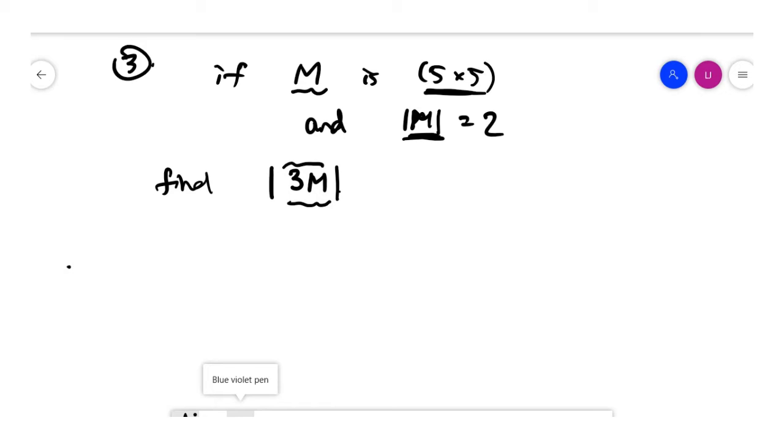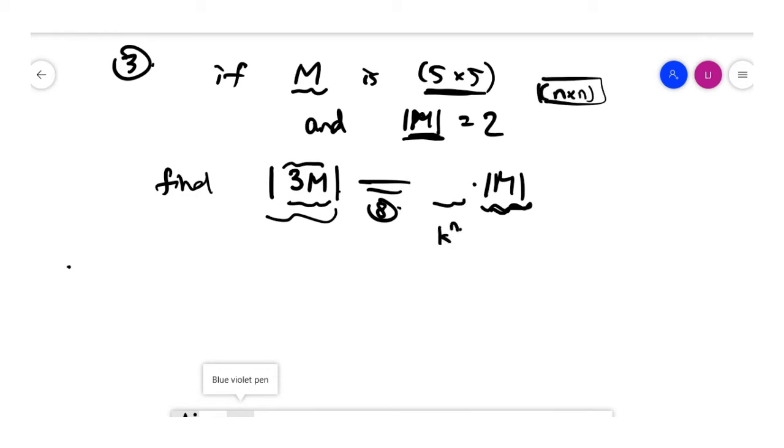Based on property 8, the determinant of this matrix is the determinant of the original matrix M times the factor k to the power n, where n represents the number of rows or columns of the matrix M. So the factor is k to the power 5, and k is the scalar you're looking at, so the multiplication factor is 3 to the power 5.